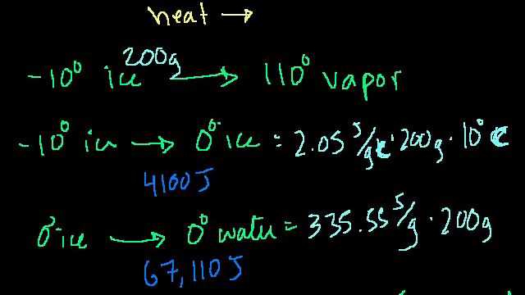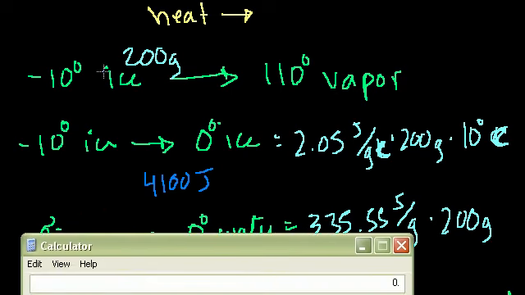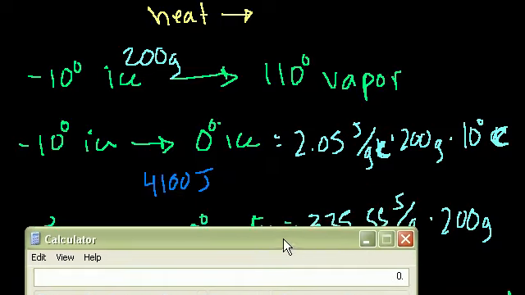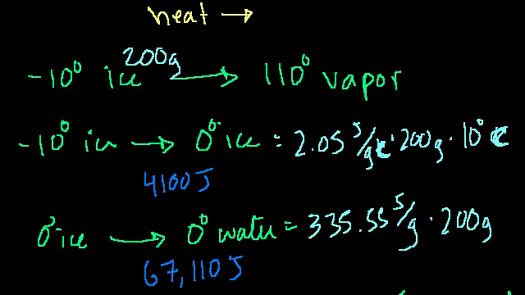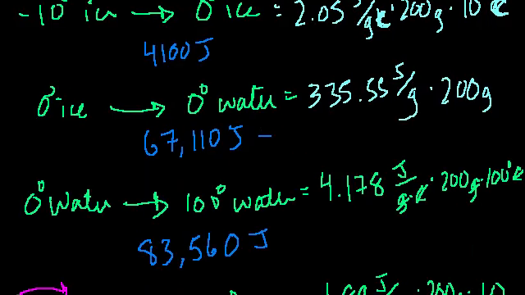So to go from minus 10-degree ice to 0-degree ice, and of course we have 200 grams of it, it was 4,100 plus the 67,110 plus 83,000. That's to go from 0-degree water to 100-degree water, plus 83,560. So we're at 154,000 right now, just to get to 100-degree water.